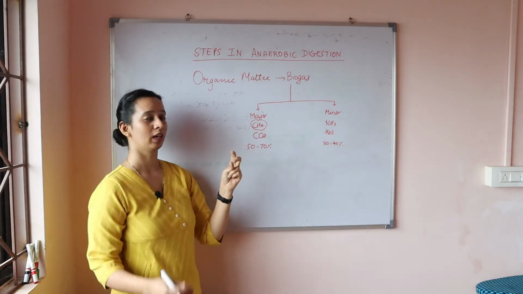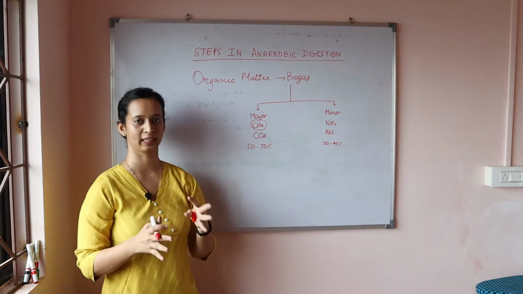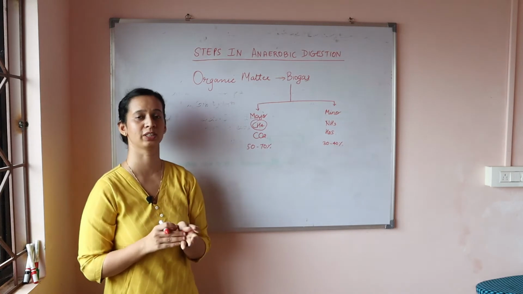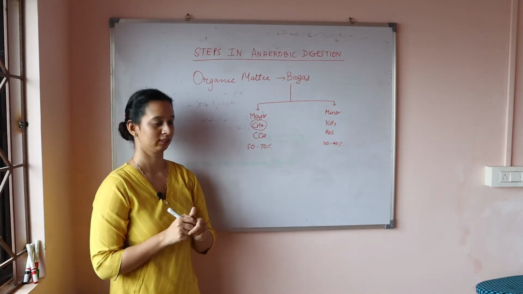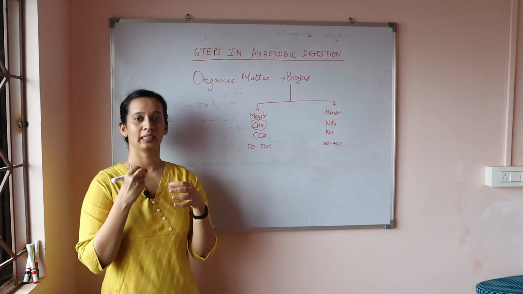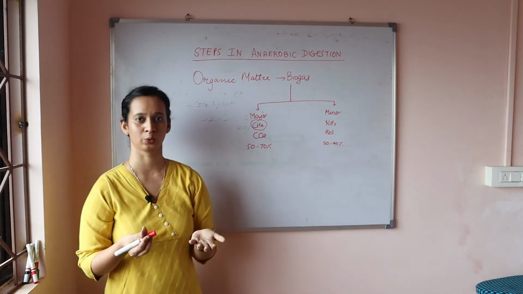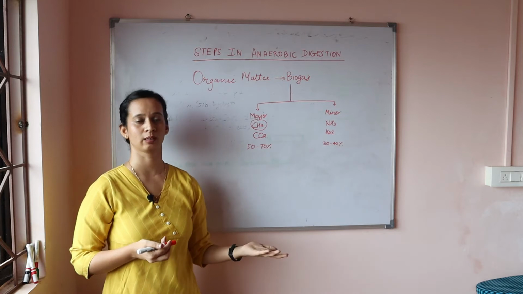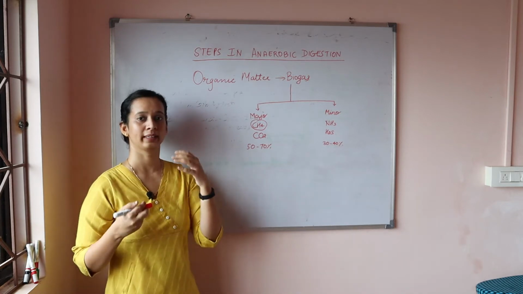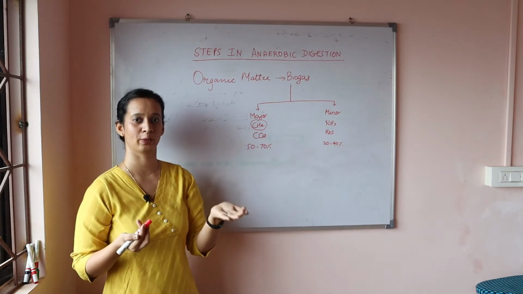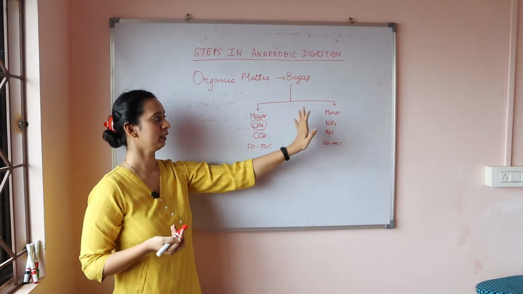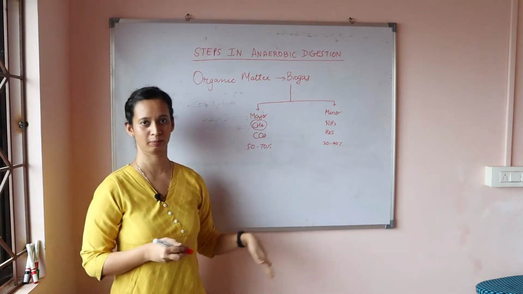Our ultimate goal of anaerobic digestion is to get a biogas which is enriched with methane. But depending on what kind of substrate you use, not all substrates are ideal. Not all waste can give rise to biogas which has more methane, but roughly this is the proportion.